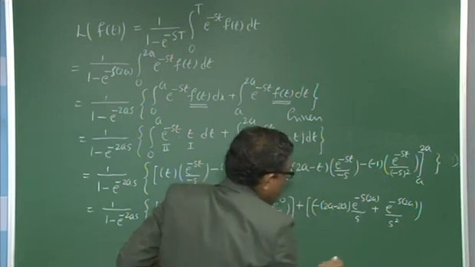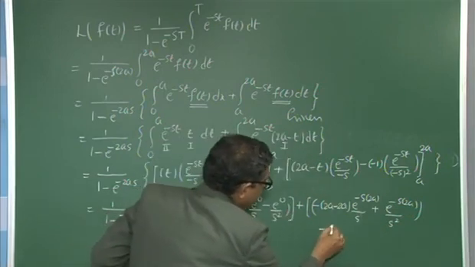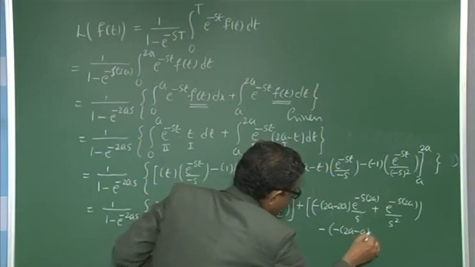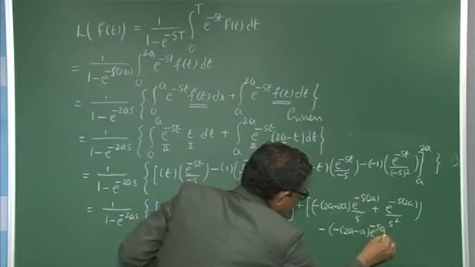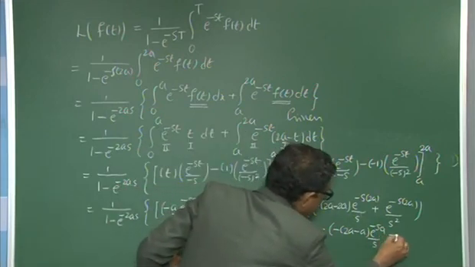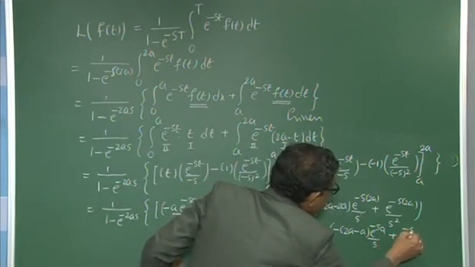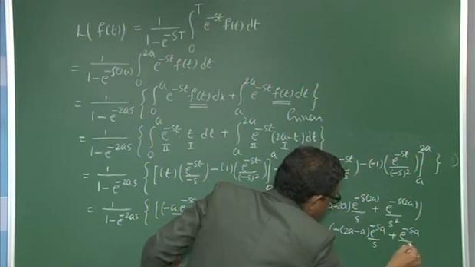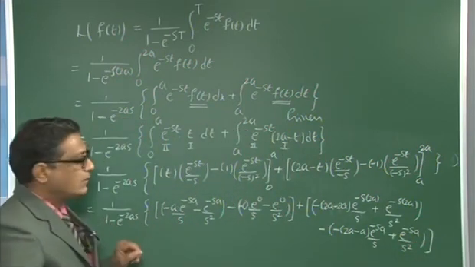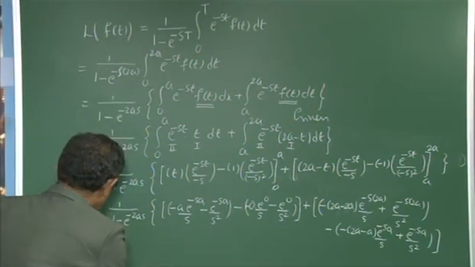Now this is your upper limit minus lower limit, minus 2a minus a e raised to minus sa by s, then plus e raised to minus sa by s square. Now, this is your upper limit minus lower limit. Now, simplify. What you will get?